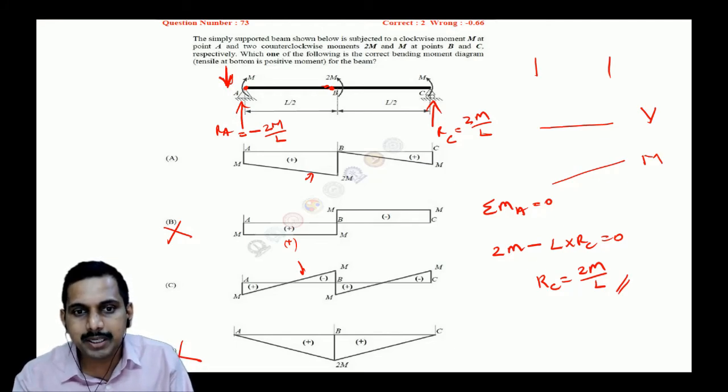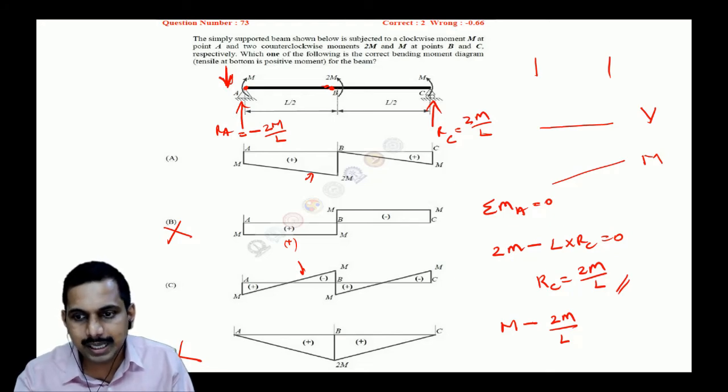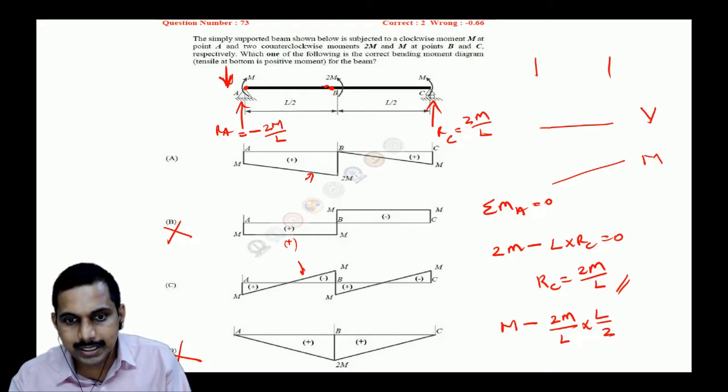So what will happen is M minus 2M by L into L by 2. Correct? So it is this into L by 2. So here it should come as, wait a minute.